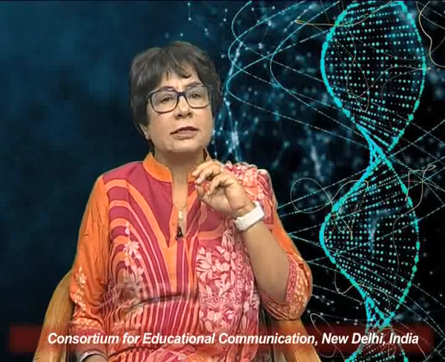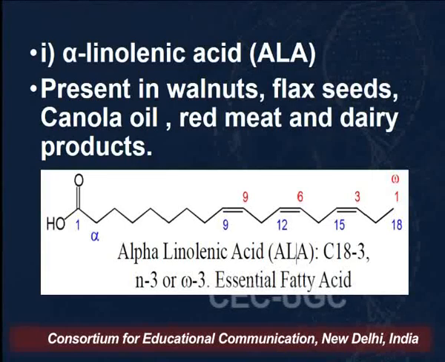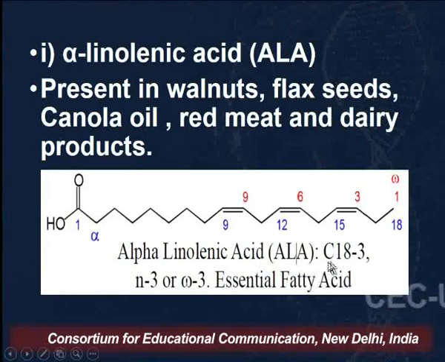The first example is that of alpha linolenic acid, which is also known as ALA. It is present in walnuts, flax seeds, canola oil, red meat and dairy products. So now when we say that this is 18:3 N-3, what do we mean here?